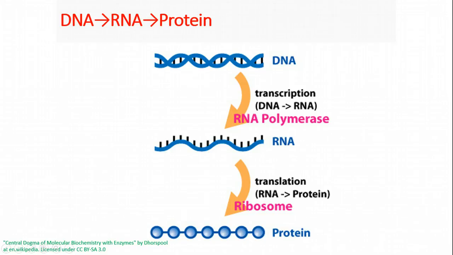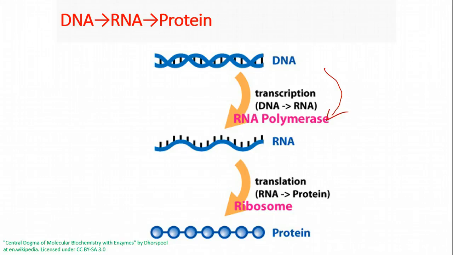That is what we call the central dogma of molecular biology. DNA is split apart by RNA polymerase. RNA polymerase reads one strand of the DNA, called the template strand, and transcribes DNA into RNA.